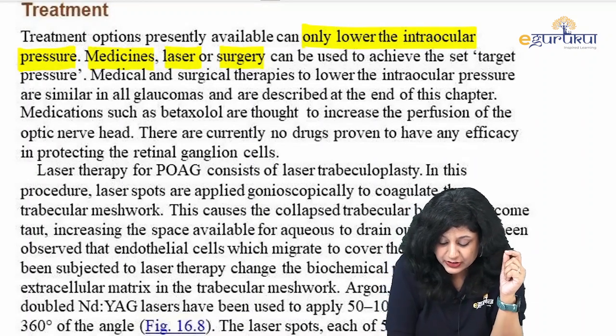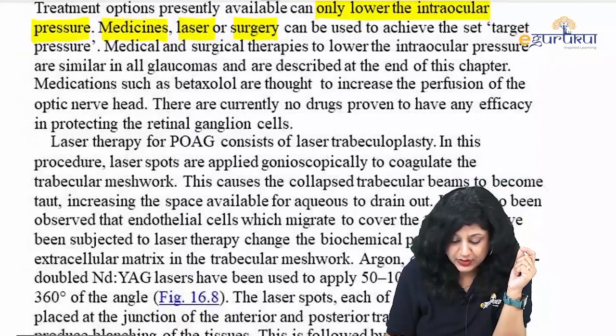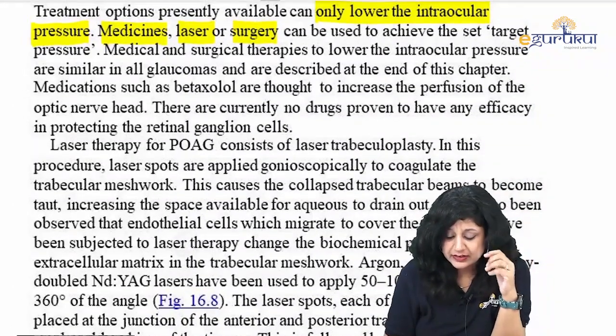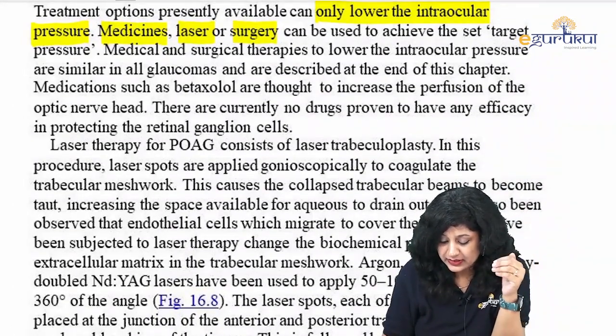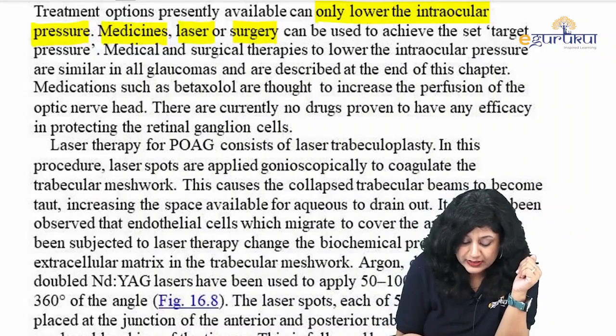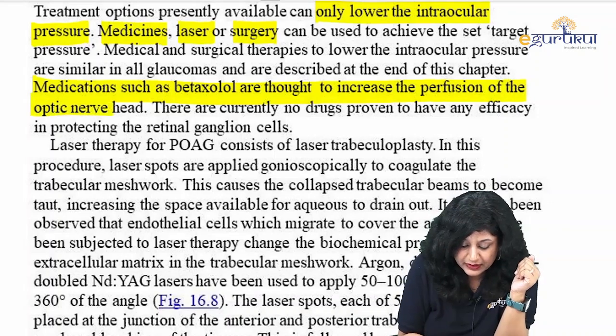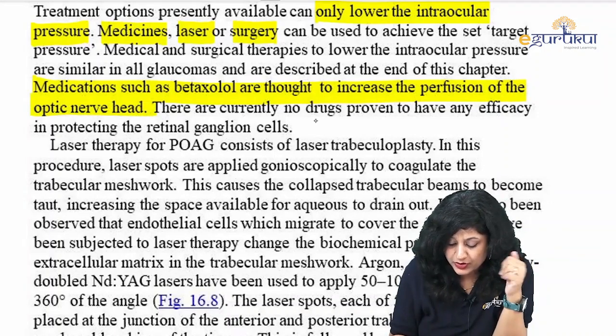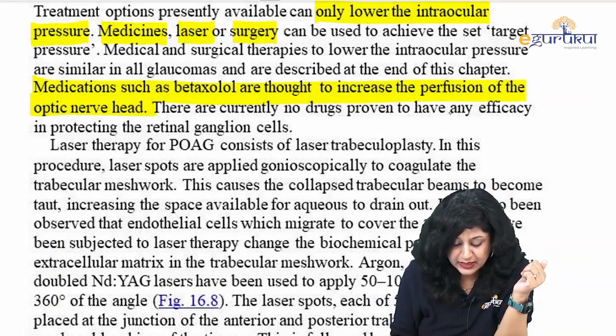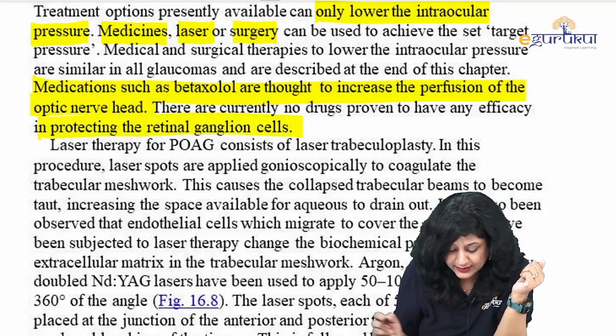The medical and surgical therapies to lower the intraocular pressure are similar, and they are described in the last. Medications such as betaxolol are thought to increase the perfusion of the optic nerve head. There are currently no drugs proven to have any efficacy in protecting the ganglionic cells.